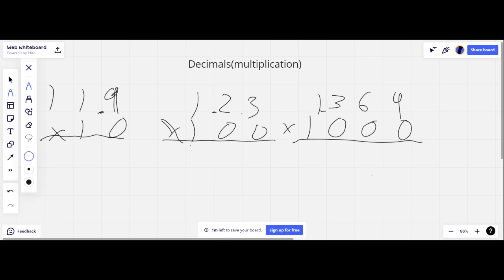So, let's go. Okay, now we have 11.9. Let's write it down over here. So, 11.9 times 10. When you multiply, you go to the left, like this.